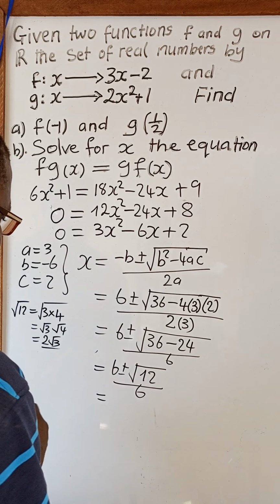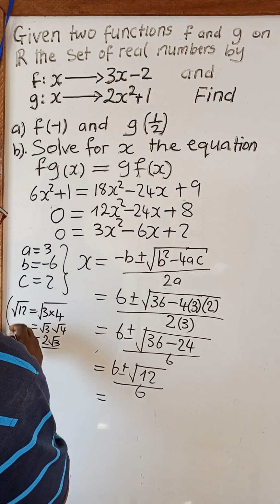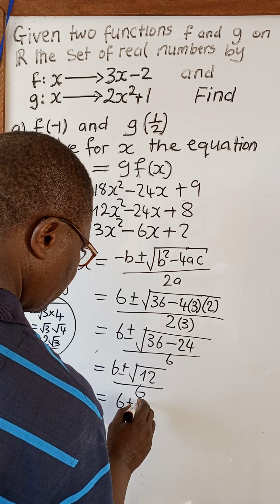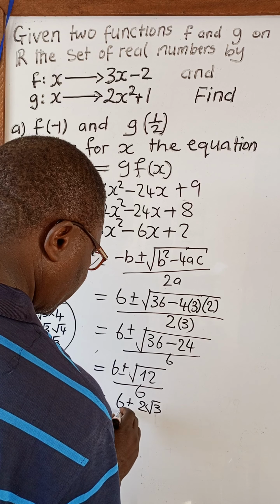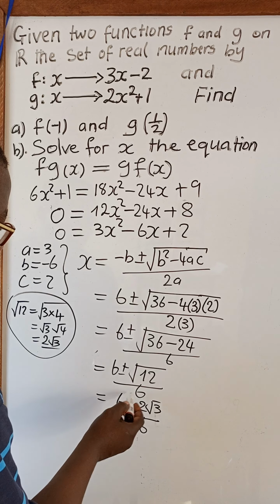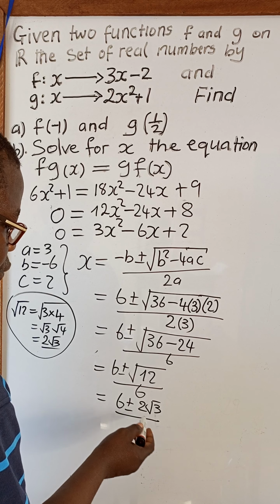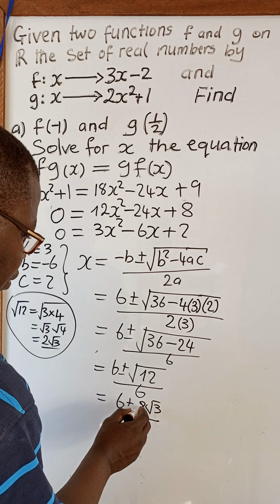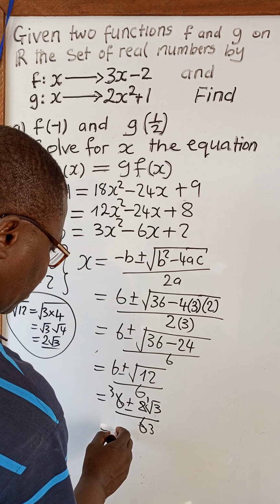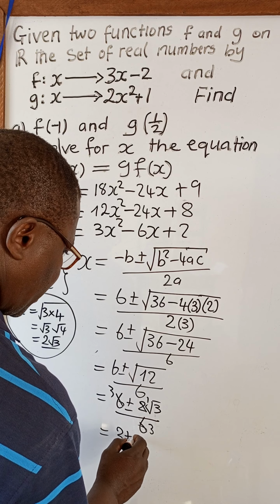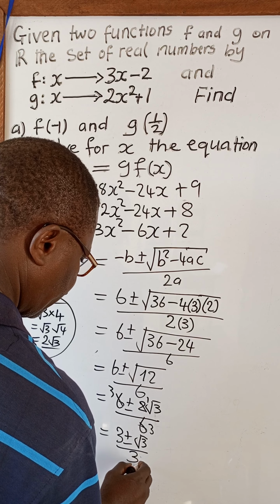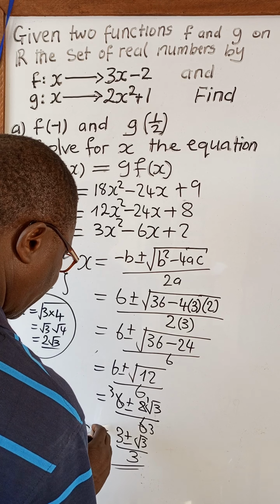And so we'll write root 12 as 2 root 3. And so we have here 6 plus or minus 2 root 3 all over 6. Here we see that 2 can divide all of them. 2 is a common factor. 2 here, 1, 2 there, 3, 2 there, 3. And so this gives us 3 plus or minus root 3 all over 3. And so these are the values of x.